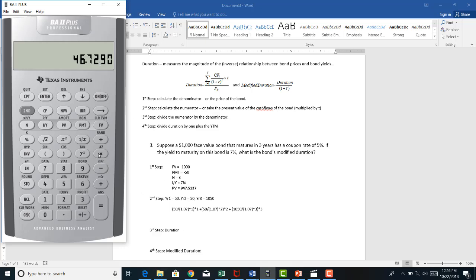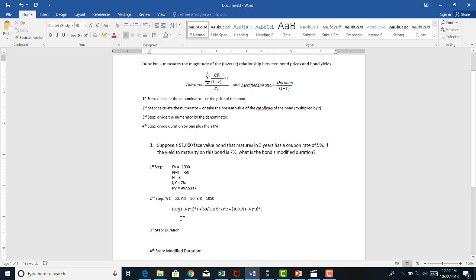I'm going to multiply that by 1, and hopefully you can do that in your head. And so the first present value of the cash flow times t is 46.729. We've got to do this again 2 more times.